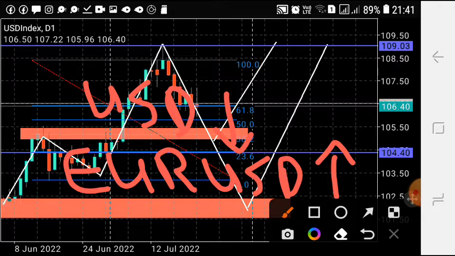When the dollar index declines, the EURUSD buys, the GBPUSD buys, or is bullish.